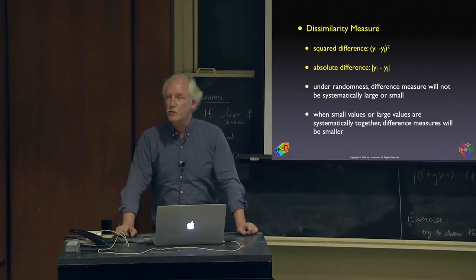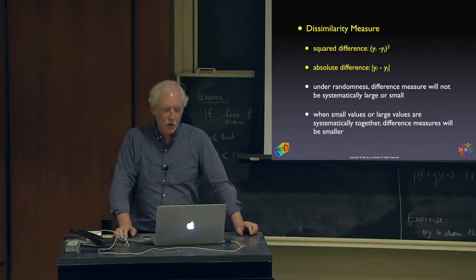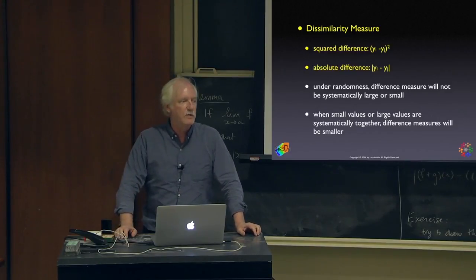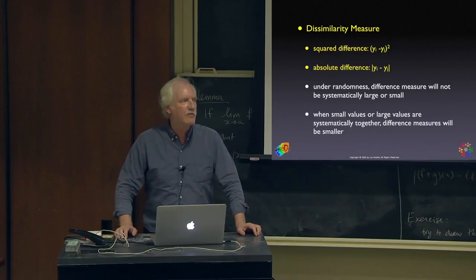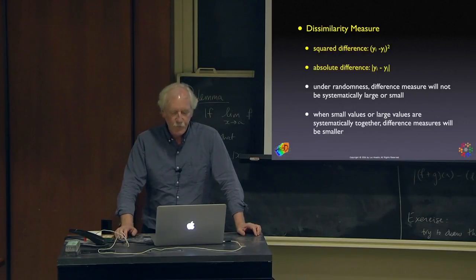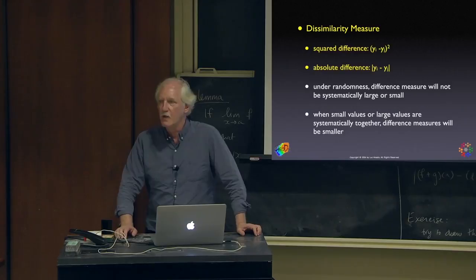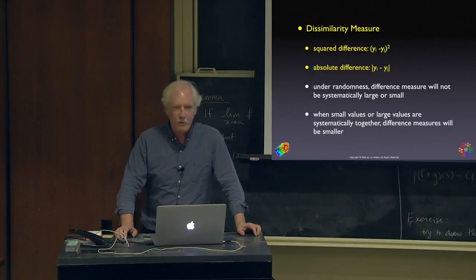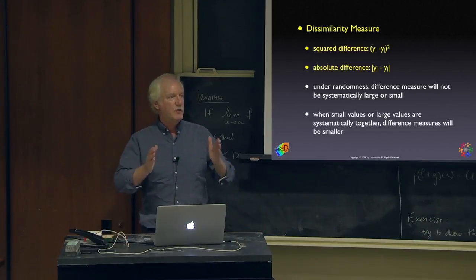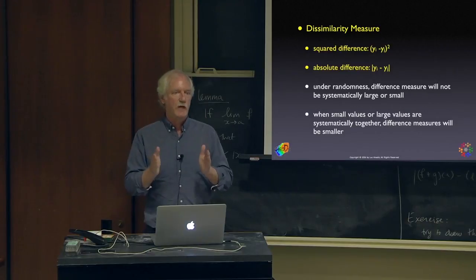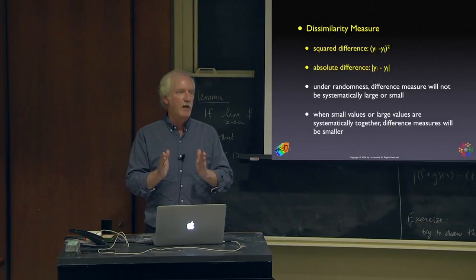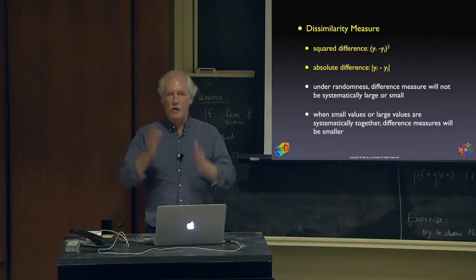And the two measures used most often in this context are square differences and absolute differences. Square differences amplify larger values because everything is squared. So it really, in the end, depends what you're interested in, whether there's not one better than the other. They just measure something different. So they both measure the difference between the same variable at two locations. One takes the absolute value, so it doesn't matter which one is larger or smaller.